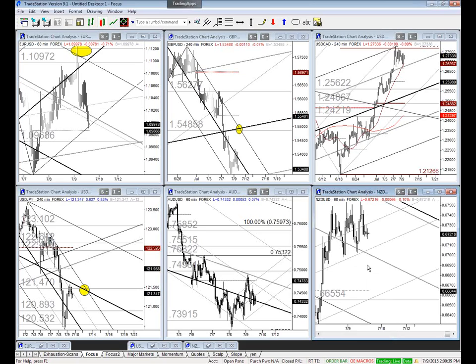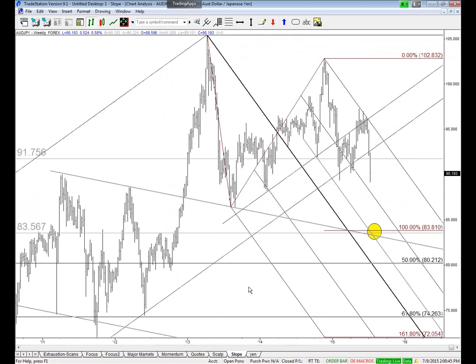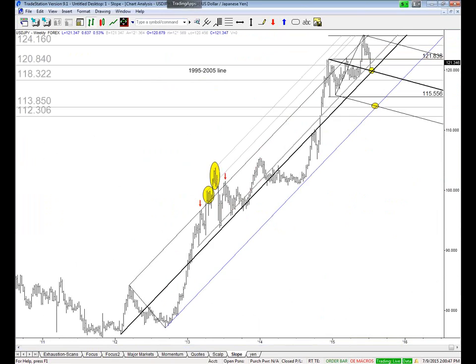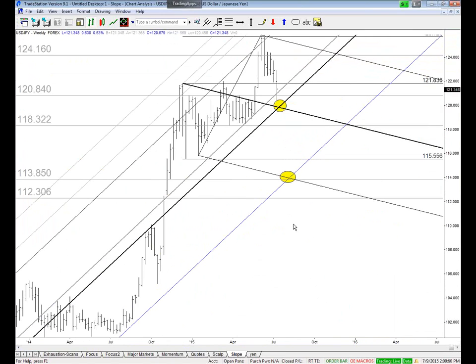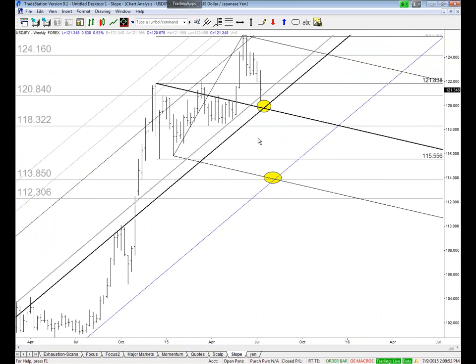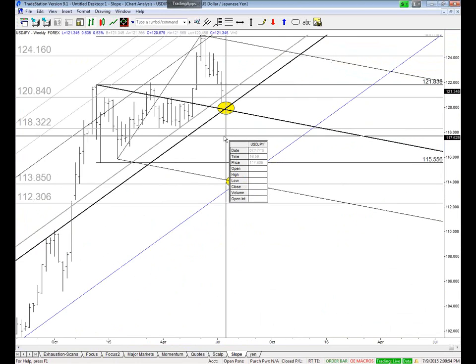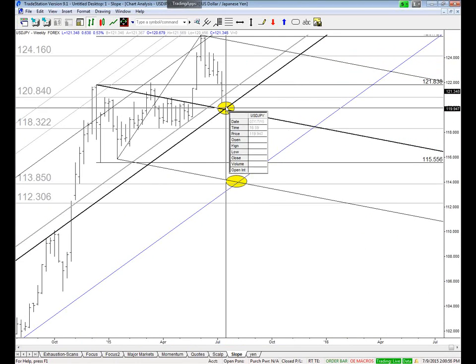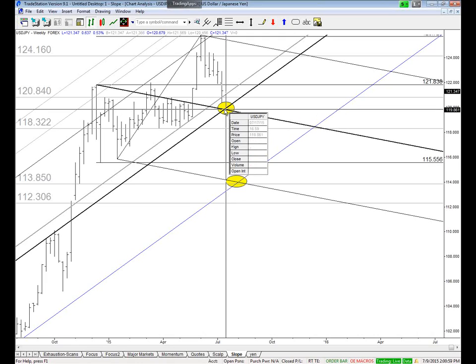But if we just look at what we're looking at now, with respect to this dollar yen specifically, I'd say that's pretty interesting, because dollar yen being a pretty solid risk currency pair, if you will, or yen itself.